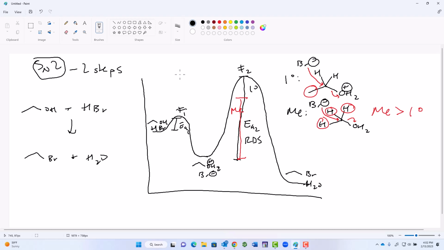So again, 2 steps, 2 transition states, overall exothermic. Remember, this one's bimolecular because the rate determining step has 2 reactants in it. And it is, again, 2 steps. And we see that methyl alcohols will react faster than primary alcohols in an SN2 reaction.